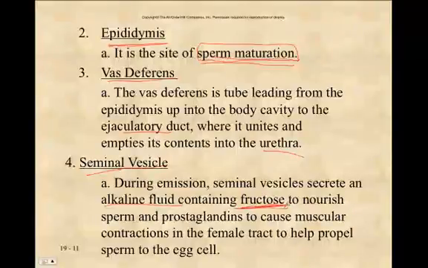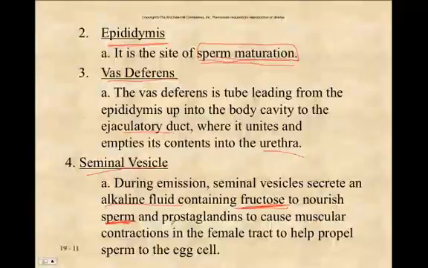That fructose will help to nourish the sperm, especially because the sperm have to make this long journey through the female reproductive tract. So that fructose gives them some of the energy they need to do that.